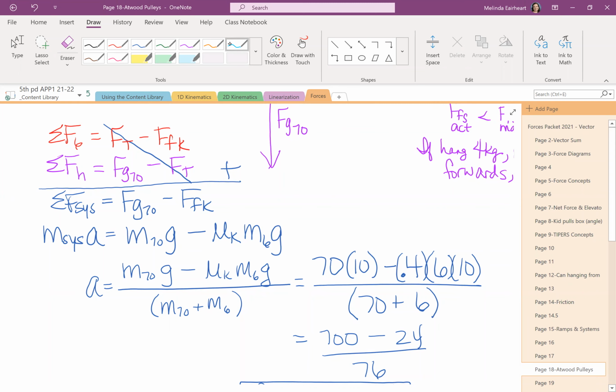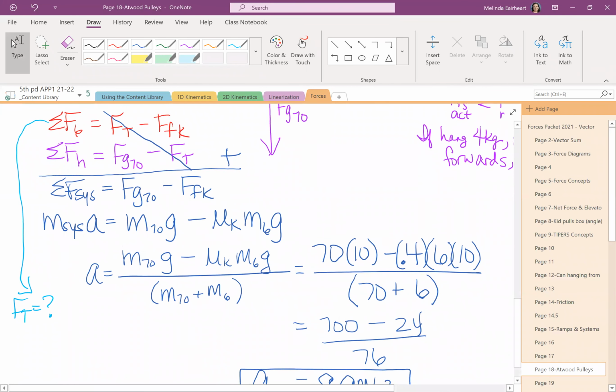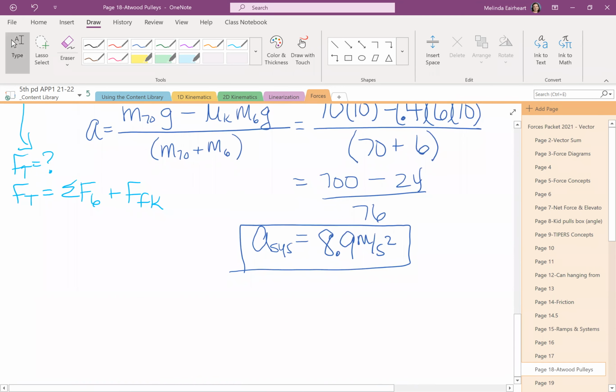The horizontal one. So what if we find the tension using the horizontal, the 6 kilogram on the tabletop? And so I'm using that equation. And so I got to add friction to both sides. So doing a little algebra, the tension would be F net 6 plus the kinetic frictional force. F net equals MA.